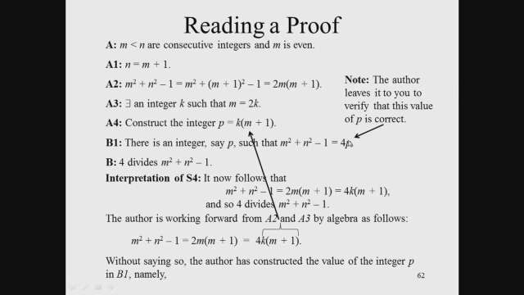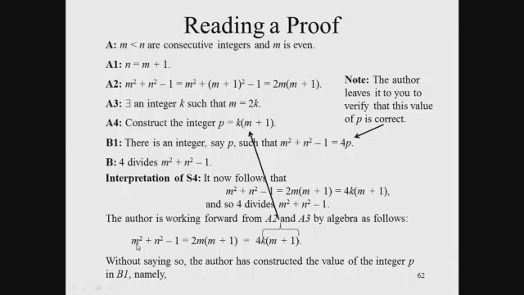Not only does the author not mention that that's the construction, but remember how the construction method works. You have to construct the object, but then what do you have to do? Show that it's the right one, right? You have to show that for this value of p, m squared plus n squared minus 1 is equal to 4p.